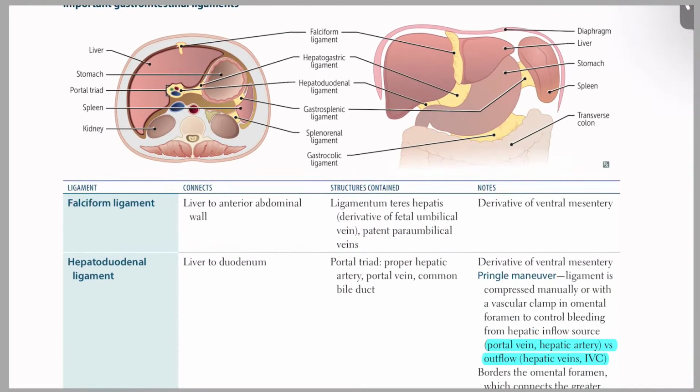Important gastrointestinal ligaments. Okay, let's see these ligaments.